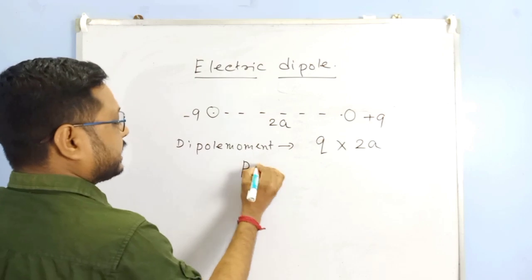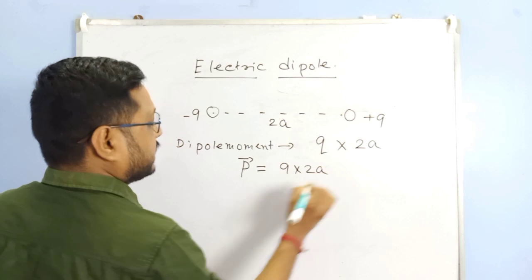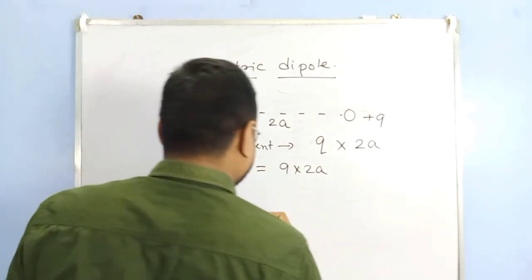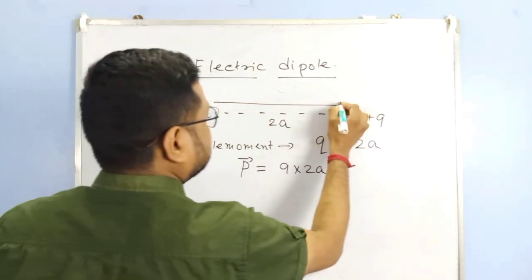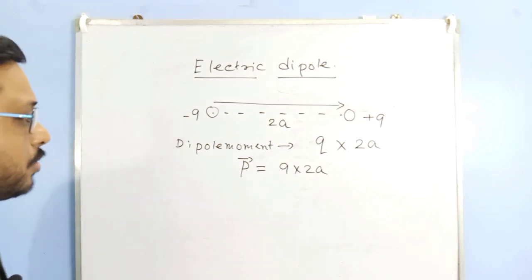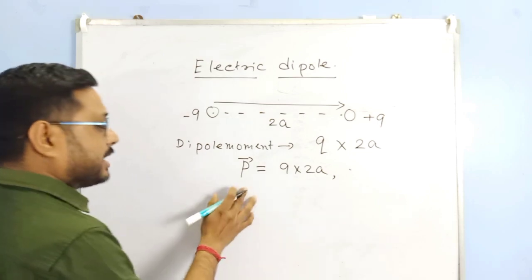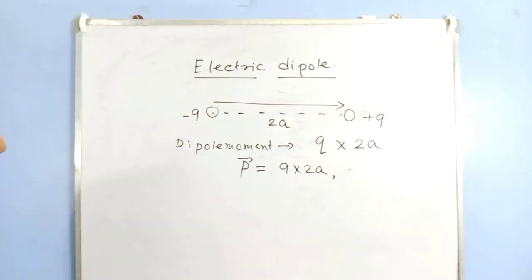So we can say the dipole moment P equals q multiplied by 2a is the magnitude of the dipole moment. But the direction of P is from negative to positive, that is from minus q to plus q. So the dipole moment is a vector quantity whose direction is from the negative to the positive charge.